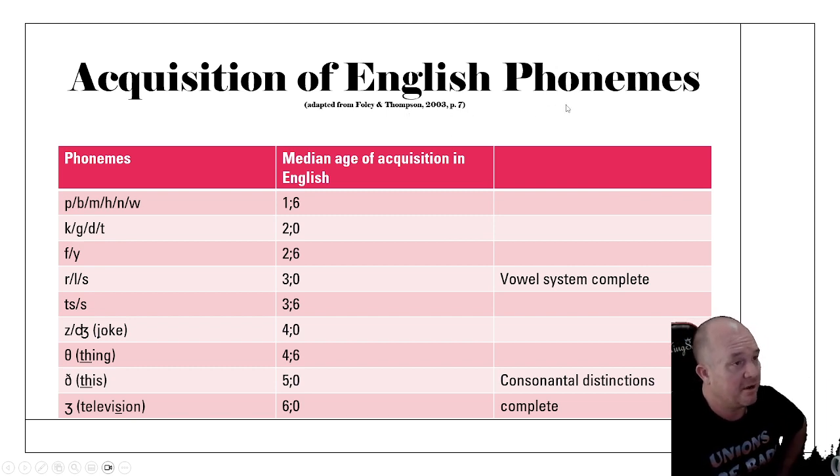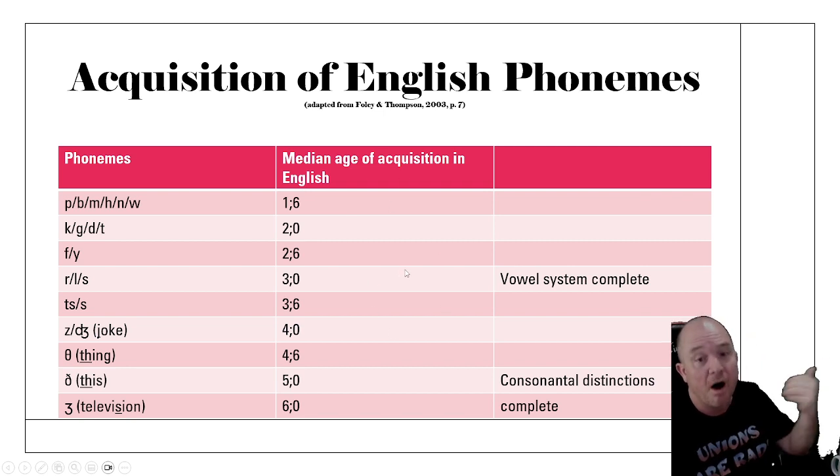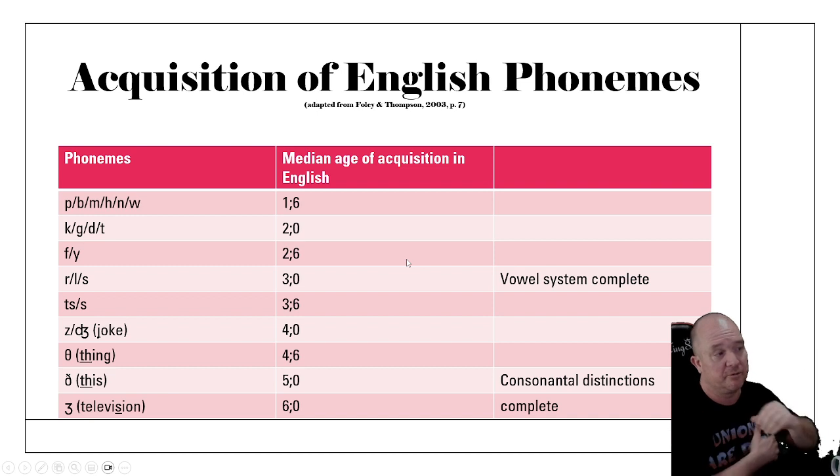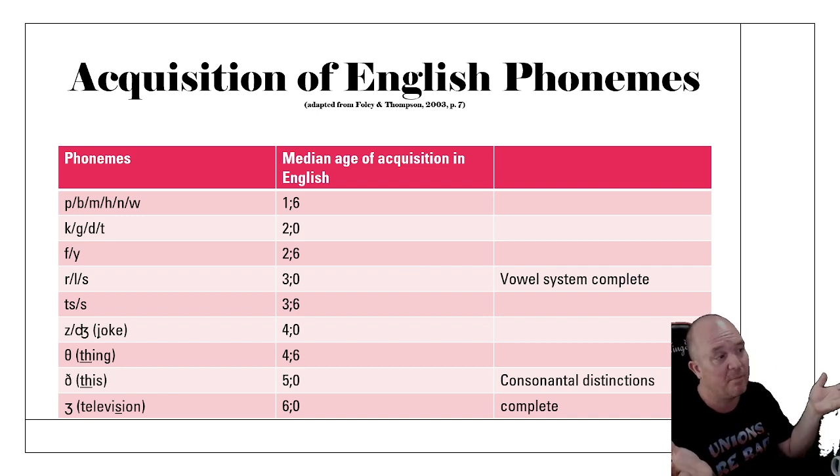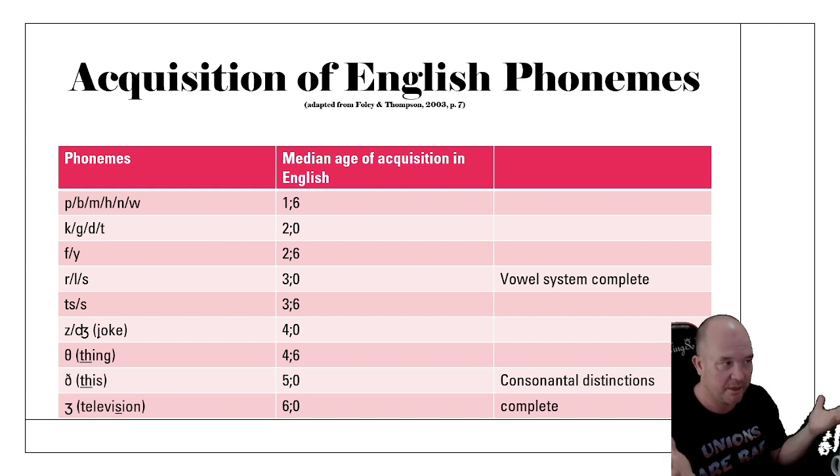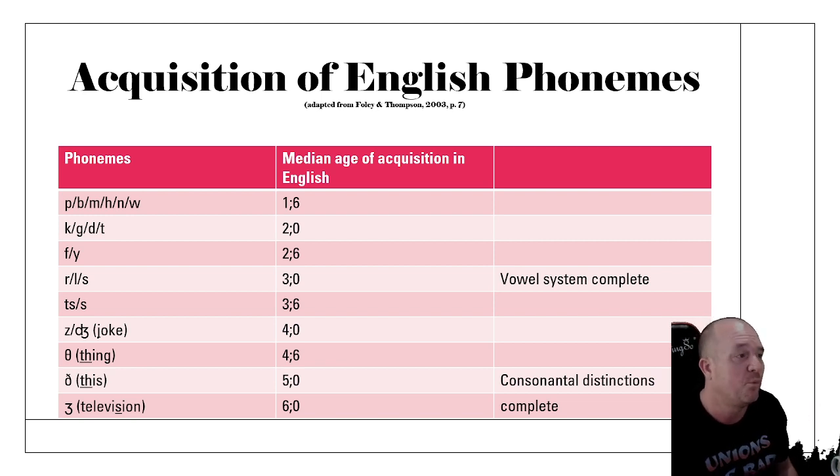These are sounds that children will develop, and this is the median age of acquisition for children growing up in a monolingual English household. And there's no one English. There are Englishes, but this is a typical pattern of how children will develop the phonemes in one of the many Englishes that they are being immersed in as they are born into the world.